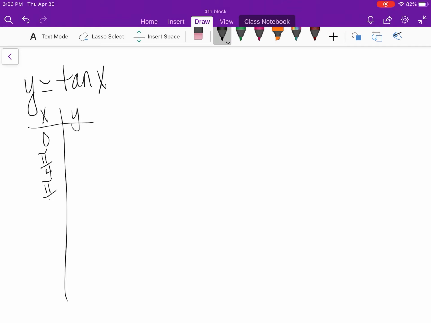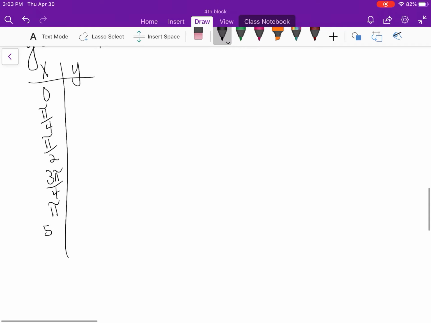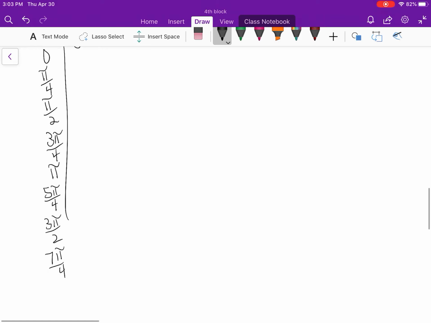If I look at 0 and then pi over 4, pi over 2, and then what's next? 3 pi over 4, and then pi, 5 pi over 4, 3 pi over 2, 7 pi over 4, and 2 pi.